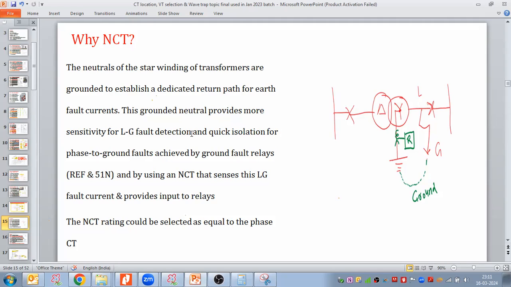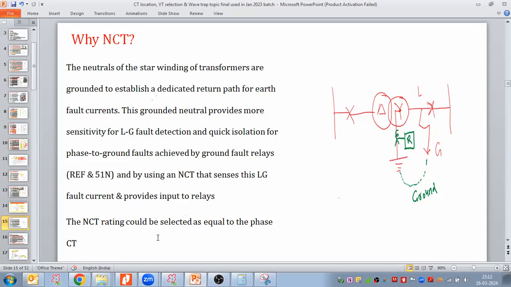It provides more sensitivity and quick isolation for line to ground fault, achieved by the ground fault relay or earth fault relay, that is called the restricted earth fault REF relay that we are putting here. 51N is my backup overcurrent relay. SEF relay, standby earth fault: if REF fails, then SEF will come. By using an NCT, it senses this line to ground fault current easily and provides input to the REF relay.